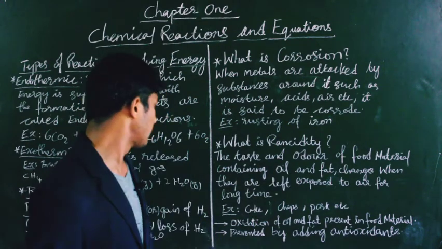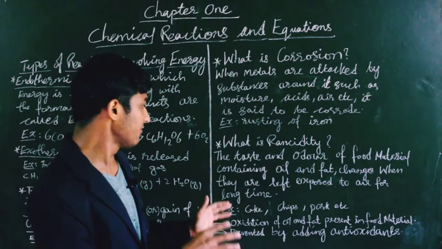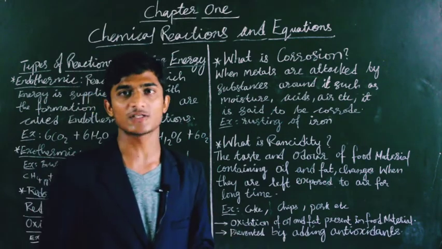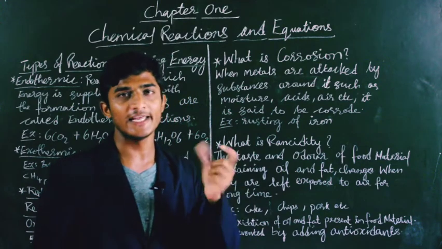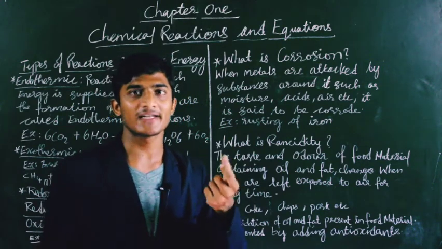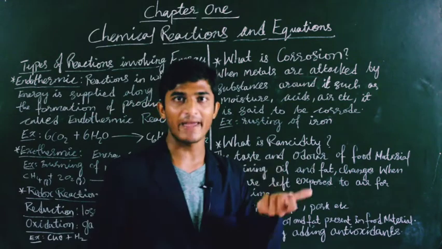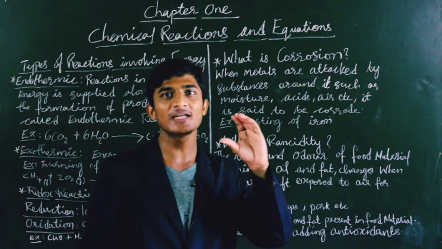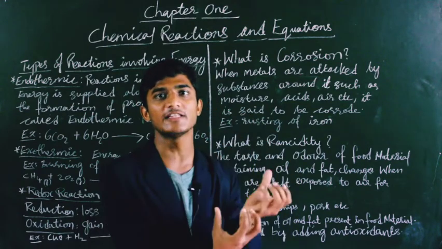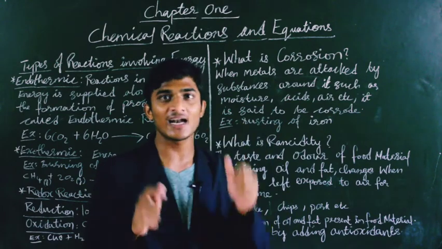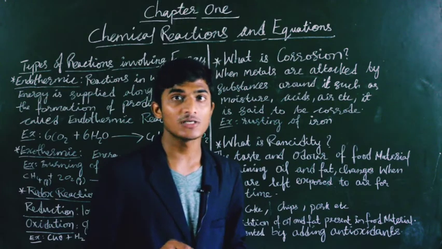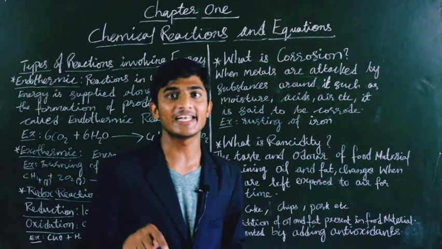In order to prevent it, we need to add antioxidants like nitrogen gas. If you take any chips packet or kurkure packet, when you buy that packet it is filled with air. That air is nothing but nitrogen. Why are they adding nitrogen in that? Because nitrogen gas is an antioxidant.